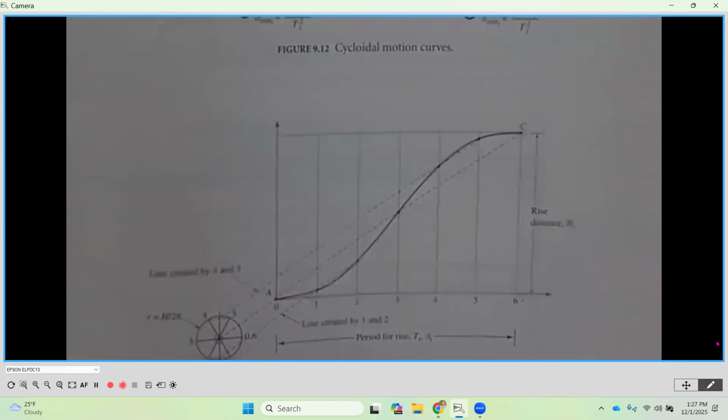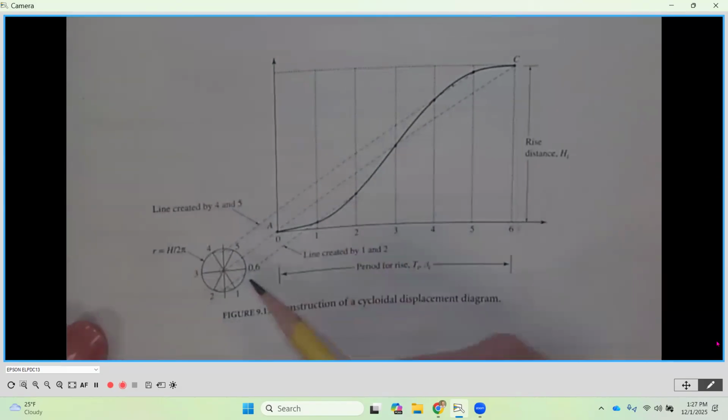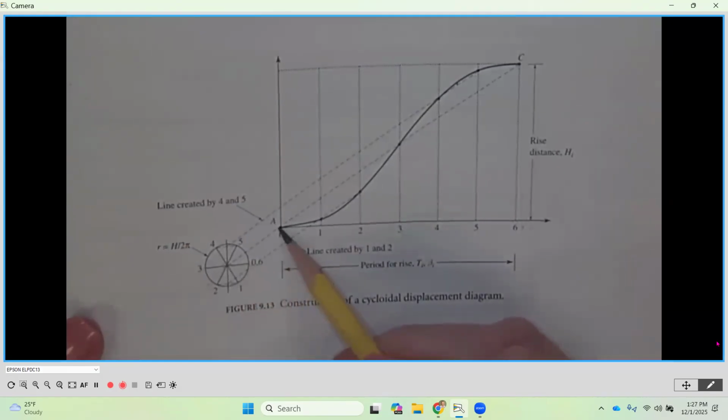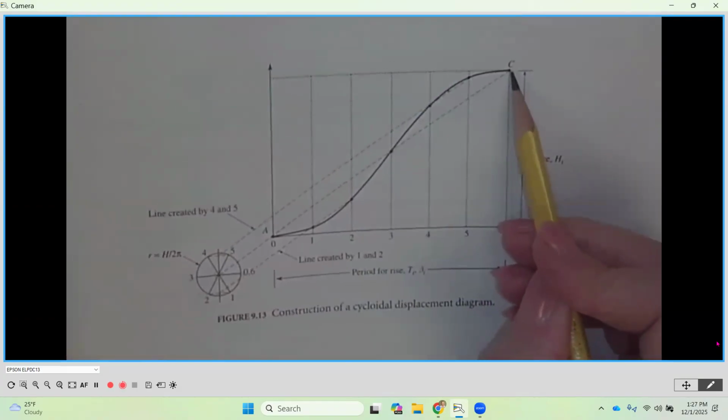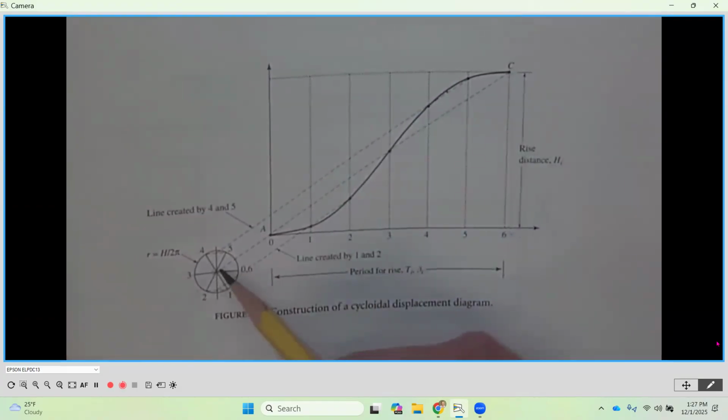As we look at the top, the middle, and the bottom, this would be a continuous line. This is going to be the axis that the center of our circle for the cycloidal motion is going to be on. This goes through points 0, 3, and the end, which would be 6. They all meet at the center here.